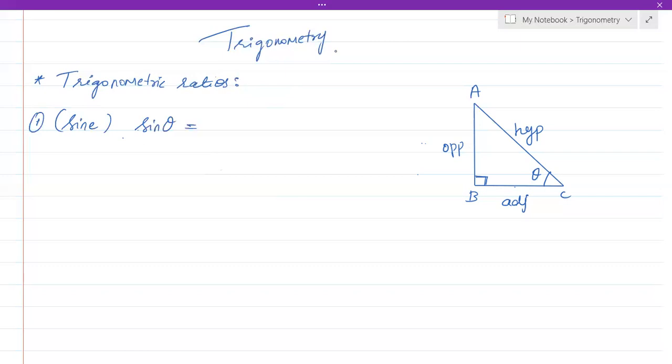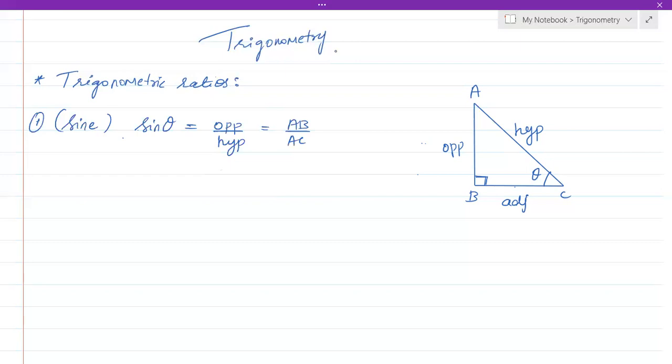So sine theta can be defined as opposite by hypotenuse. In the figure, it is AB by AC. It is not always AB by AC. Remember, sine compares the opposite side with the hypotenuse.